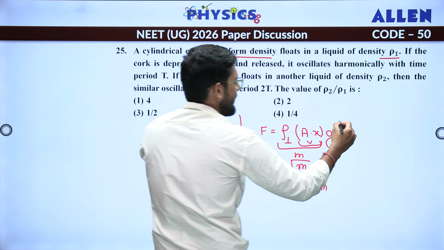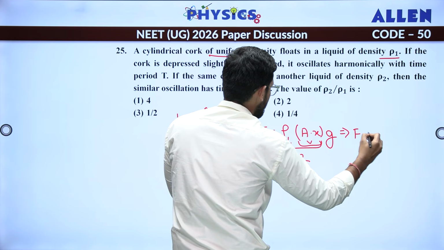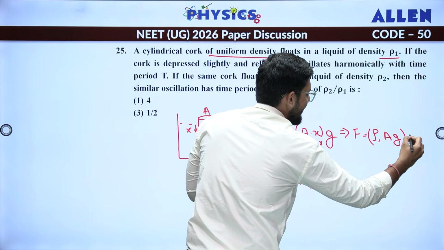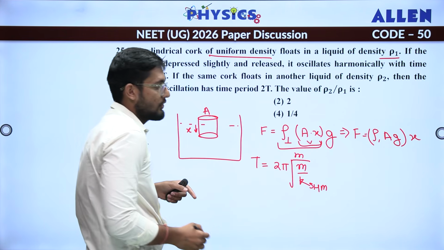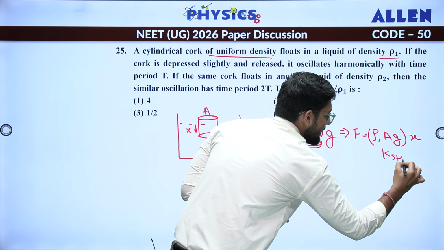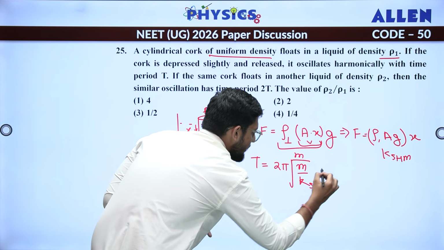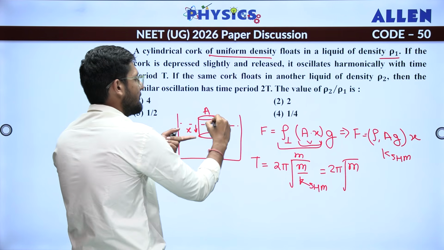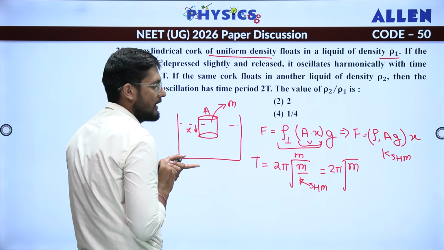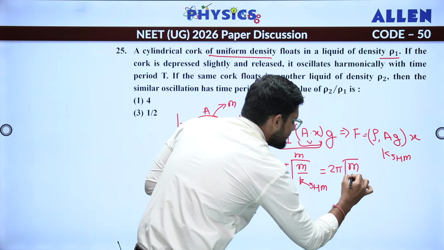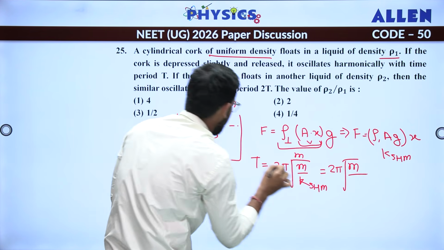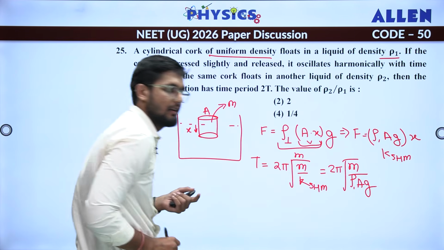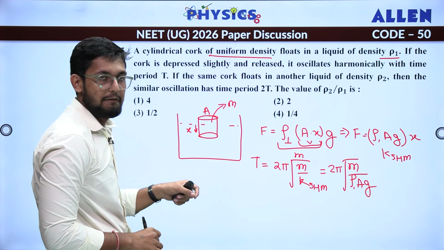If you look at this part, F is equal to ρ1 A G times x. So the value of k of SHM is ρ1 A G, correct? And the mass is the complete mass of this. This is the time period in the first case.